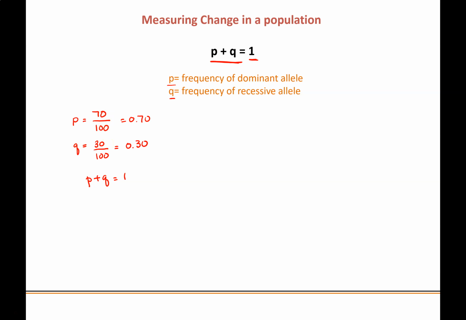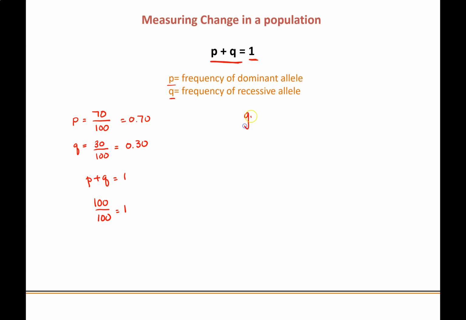So when you add them up, you can only get the total. So our total is going to be 100 out of 100, or 1. So P plus Q equals 1. It always equals 1. It never equals more than 1. Therefore, if you know one, you know the other. You can calculate it.